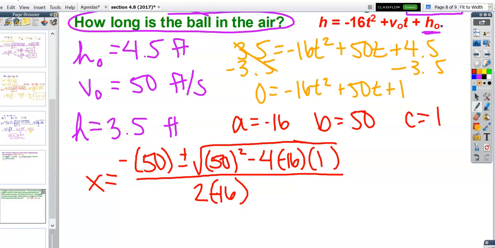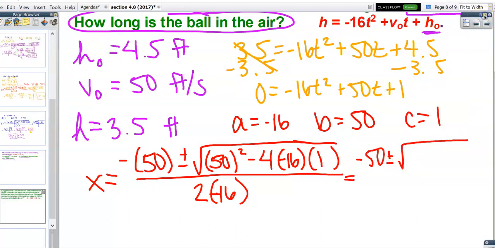Okay. So negative 50, and again, simplify the discriminant because it's easy to make mistakes when you type things into your calculator. So 50 squared, we get 2,500. Four times negative 16 is negative 64, and then times 1 is still negative 64, but because we're subtracting a negative, we're going to add it.